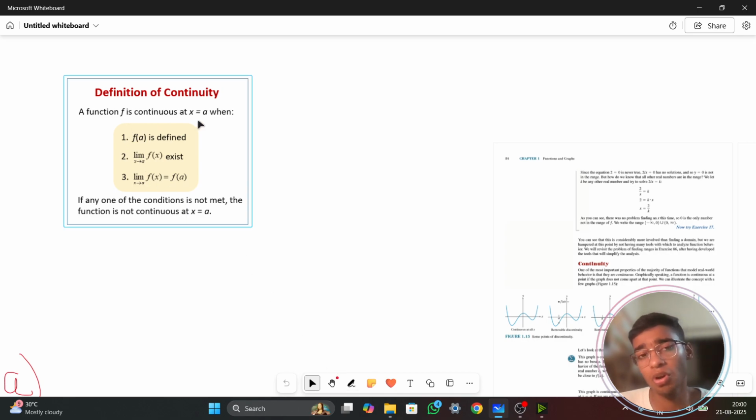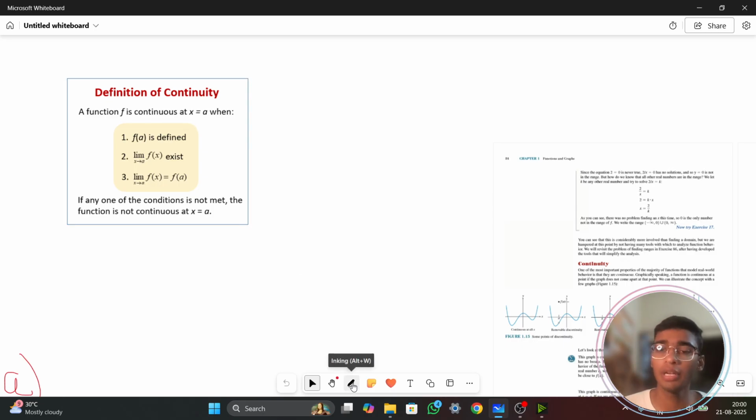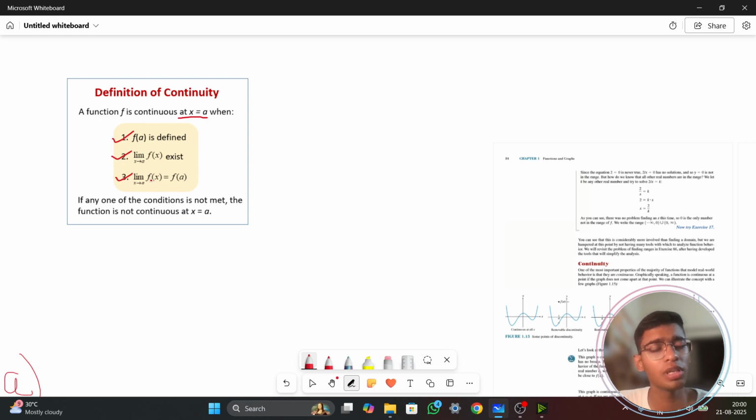So a function is called continuous at x equals a. Whenever we need to check continuity, we need to define a point so that only then can we check at that point whether the function is continuous or not. Some key pointers again: a function f is continuous at x equals a if f(a) is defined, the limit of f(x) as x tends to a exists, and the third one being the limit of f(x) equals f(a) as x tends to a.